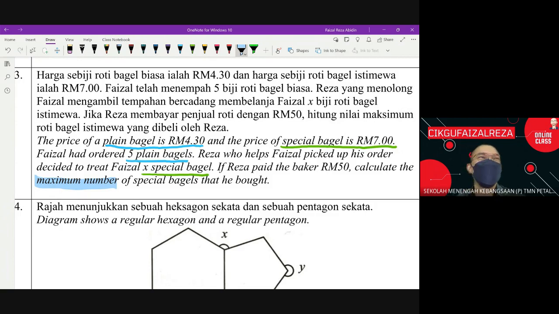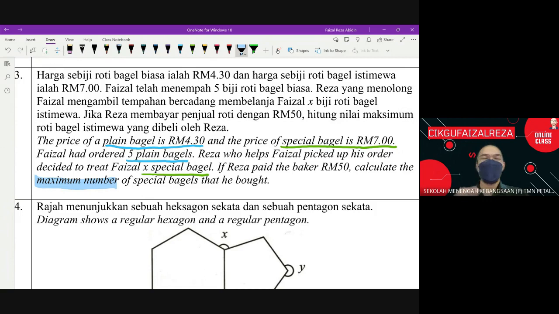This is going to be inequality. Did you ever hear about inequality? Form 1.